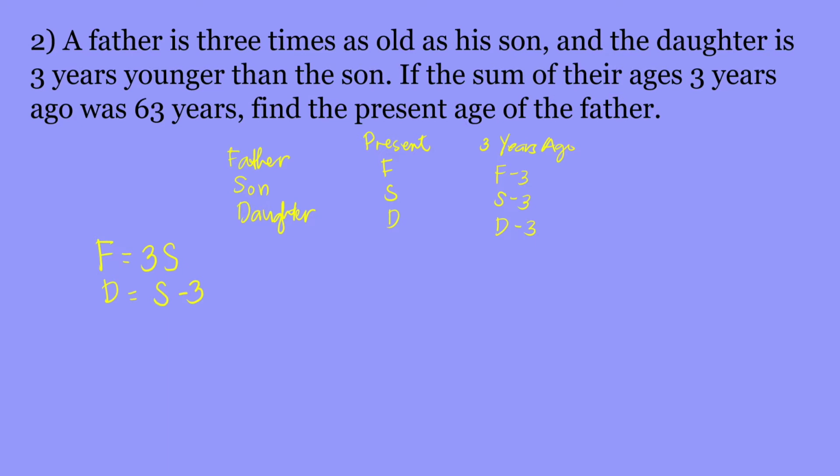Now, 3 years ago, these are their ages, and the sum of their ages was 63 years. So that means when you add F minus 3 and then S minus 3 and then D minus 3, the sum of these 3 ages is 63.